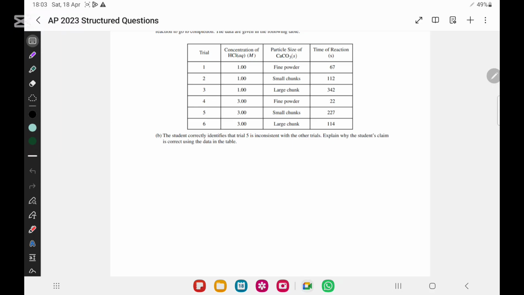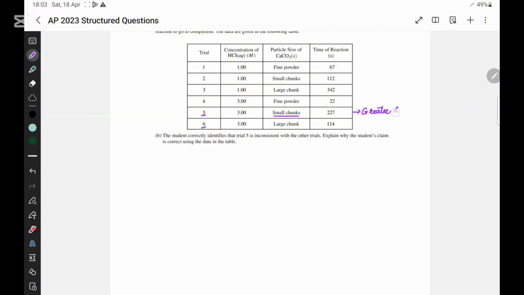So if you see trial 5 and trial 6, then you are going to see one thing here, that it is having small chunks. Small chunks means that it is going to have greater surface area. So if it is having greater surface area, then its rate of reaction should be faster as compared to the large chunks which is having smaller surface area.